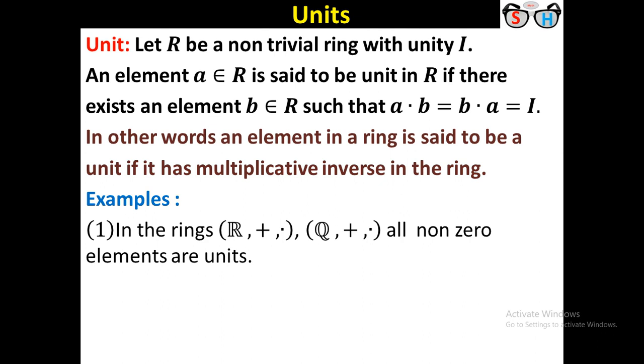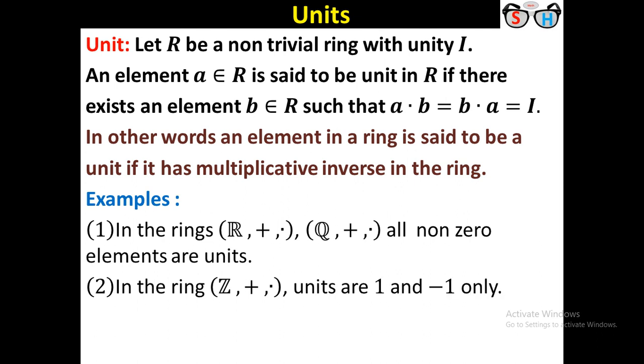Now we give another example, say the ring of integers Z plus dot. Here the units are only 1 and minus 1. We know that Z plus dot is a ring with unity. Here unity is 1. So 1 is a unit because 1 dot 1 means 1, and minus 1 is another unit because if you multiply minus 1 with minus 1, then the result will be 1. That is, minus 1 is its own multiplicative inverse. But the remaining elements have no multiplicative inverse, because suppose you imagine an integer, say plus 5.